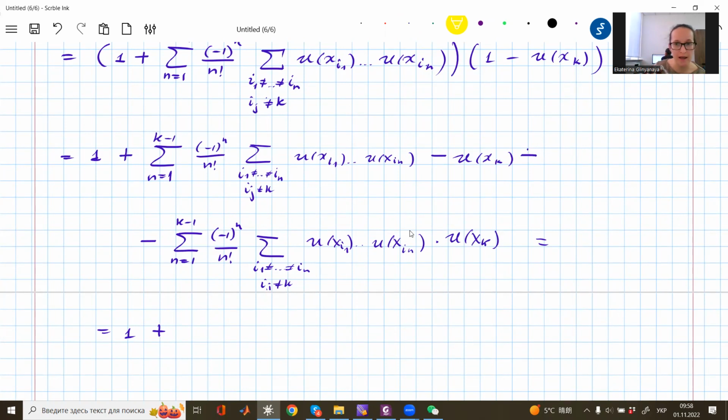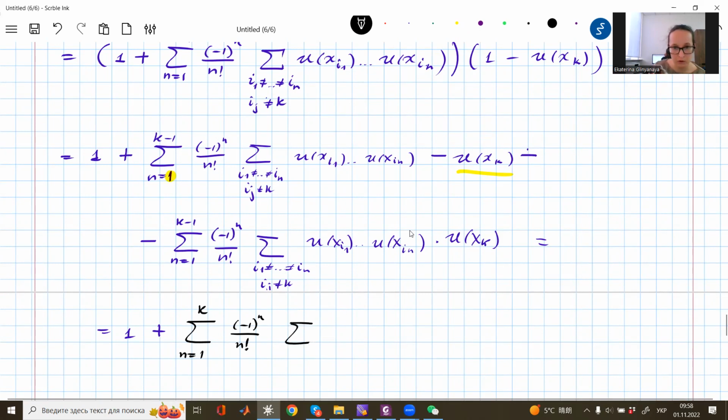So for n equal to 1, I have this summand, and I will group it with this n equal to 1. So in total, I will have here the summation of minus 1 to the n over n factorial. So when n is equal to 1, I will have all summands of such form, u of x_i n.